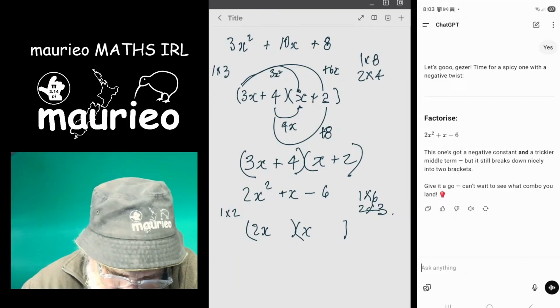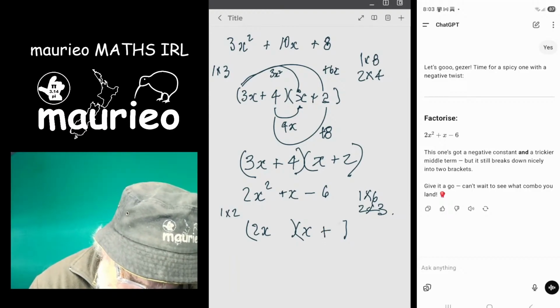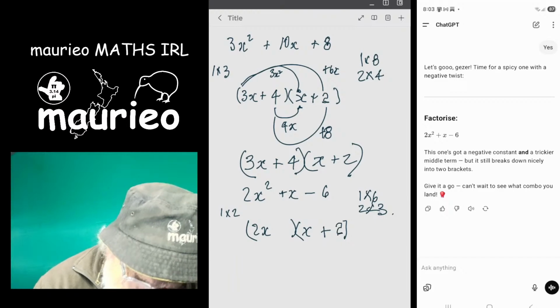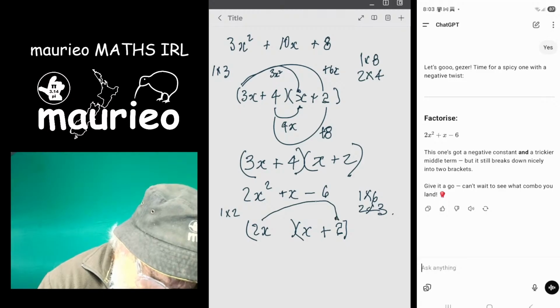Okay, so if I put a plus 2 over here, that is going to give us 4x.